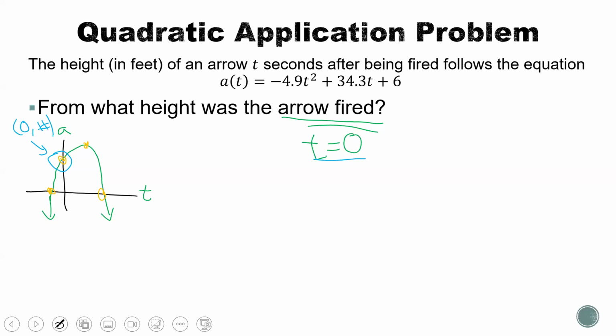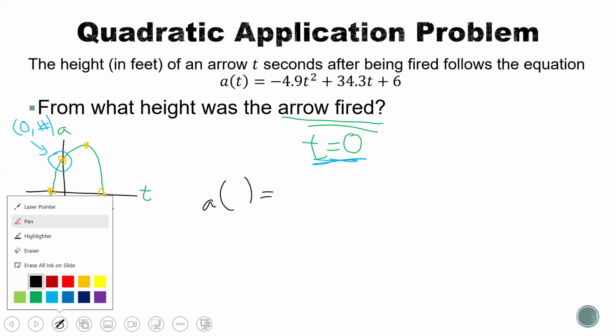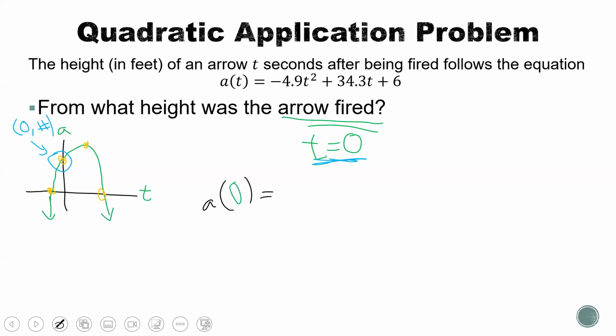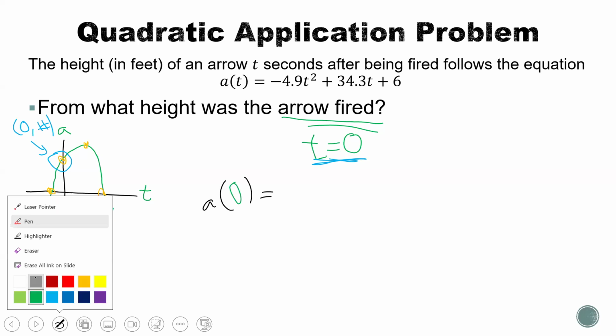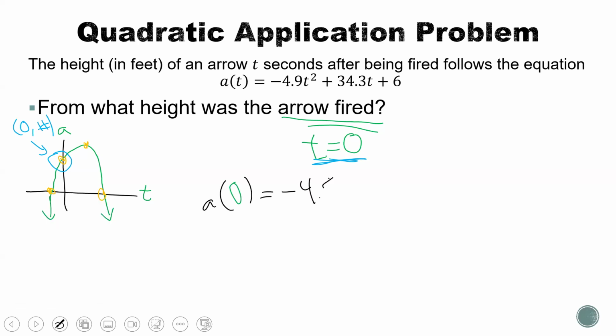Since my input value is 0, I'm simply going to plug in 0 for the value of t. So we're going to do A of 0. Since 0 takes the place of t, we plug it in everywhere in the function that we see t.